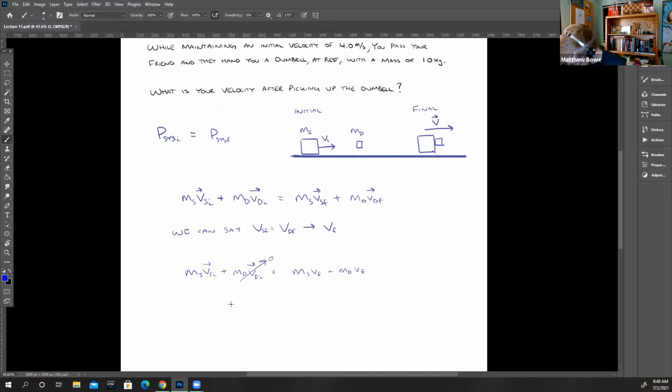So let me write this version. We're simplifying as we go. Mass of the skater plus mass of the dumbbell, times velocity final. All right. And this lines up very nicely, since we're trying to find this final velocity.